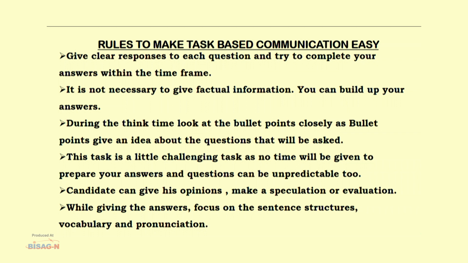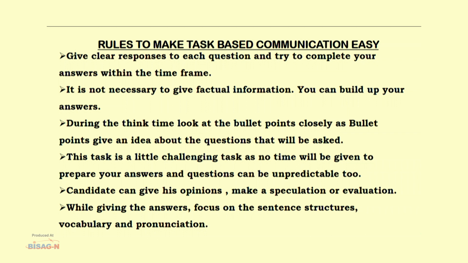Hence, just to conclude everything in these rules, the candidate has to make sure he follows the time frame. Second, he doesn't necessarily reveal or give factual information. He can build up the answers according to himself. Second, make sure the 40 seconds timer should be used for thinking and preparing. The questions will not be known. They will always be unpredictable.